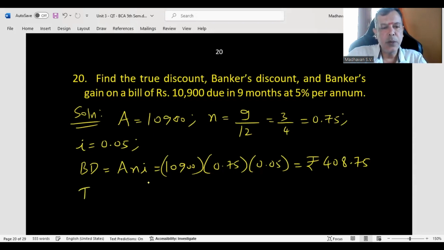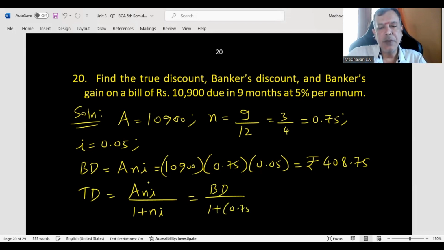Next, we will find out true discount. True discount is ANI divided by 1 plus NI. ANI already we found, which is banker's discount, divided by 1 plus N, which is 0.75, into I, which is 0.05. We'll substitute the values.